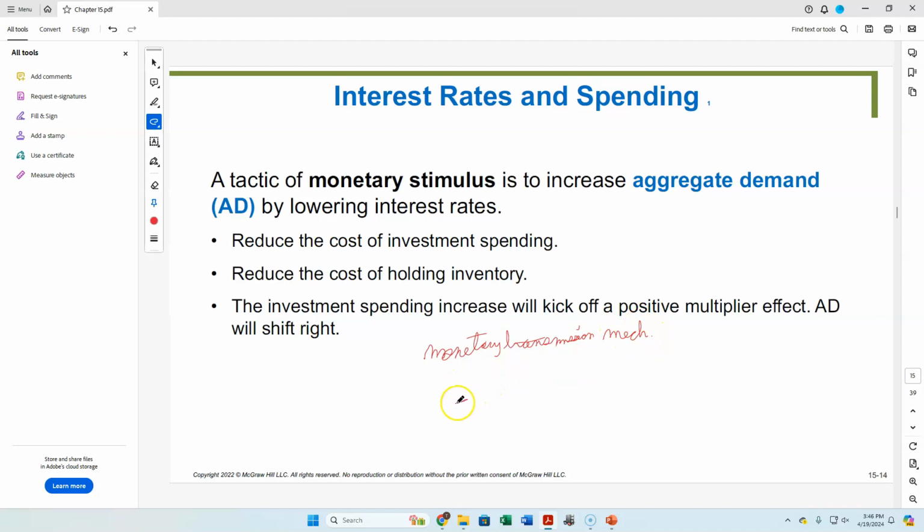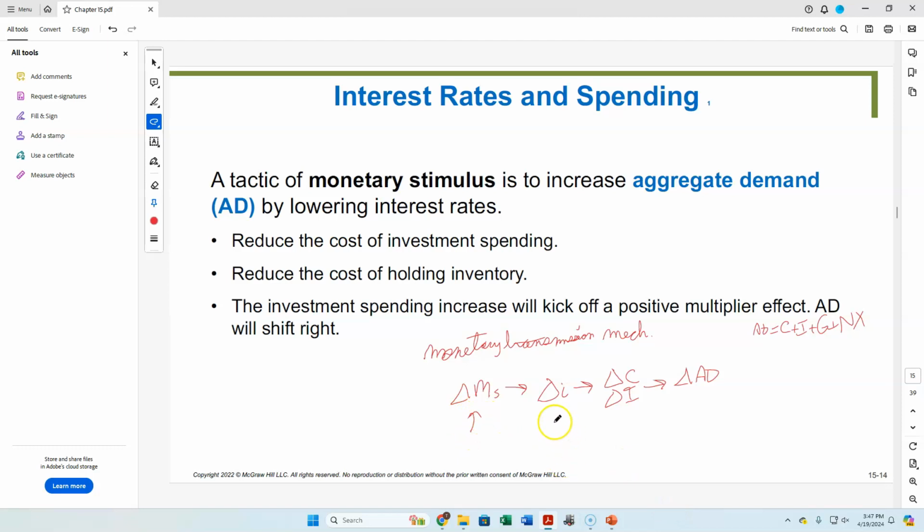And what I said here is that changing the money supply changes the interest rate, which changes consumption and investment, which essentially changes the aggregate demand curve, which remember consists of C plus I plus G plus NX.